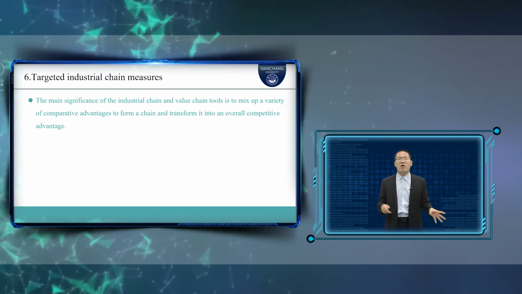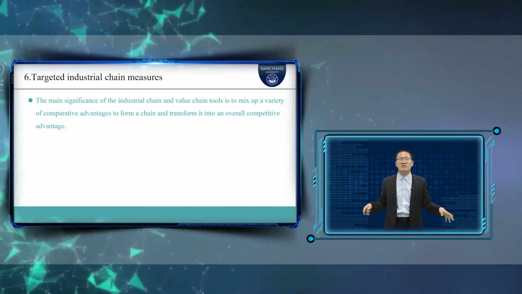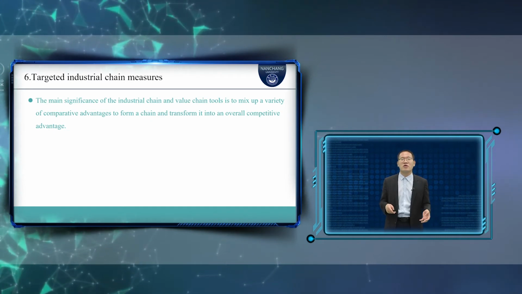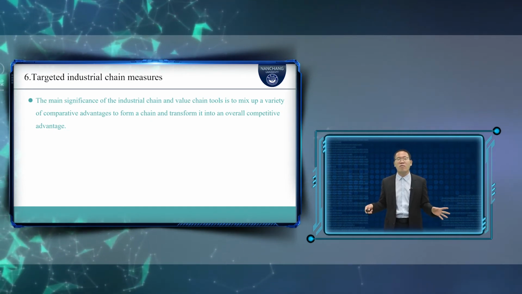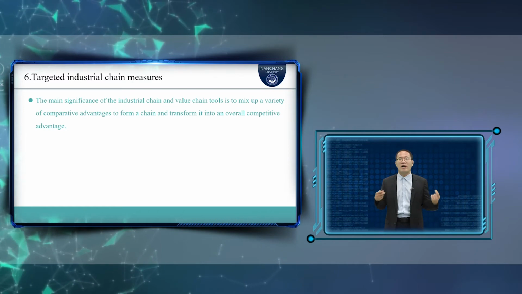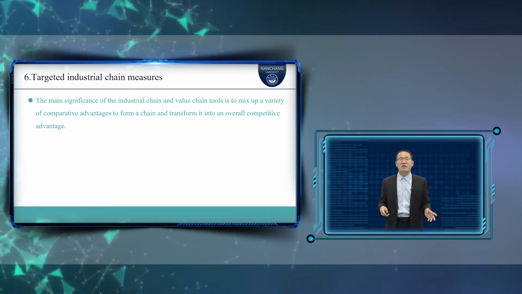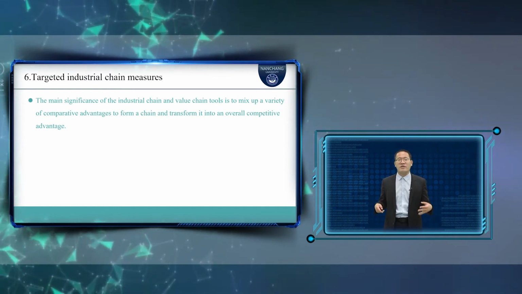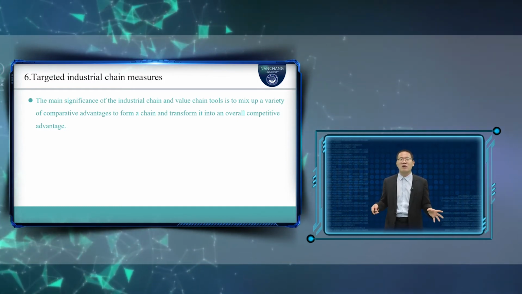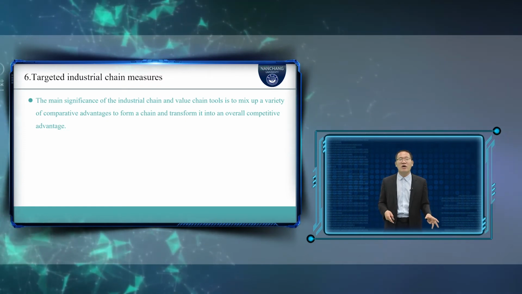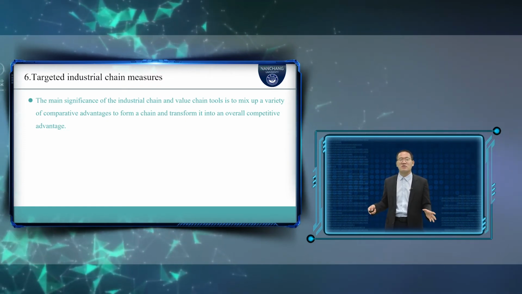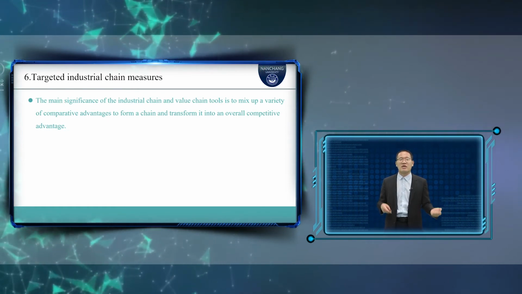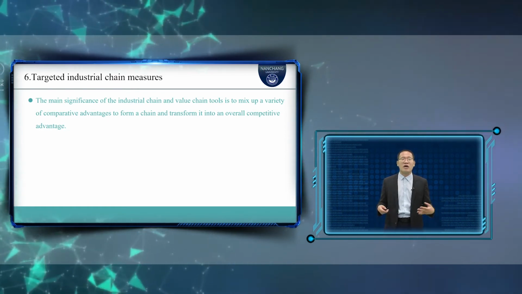When multiple comparative advantages are superimposed, they will form complementarity and synergy, so that the total amount of each comparative advantage can be integrated and expanded drastically. In regional competition, most competitors can only copycat 1 or 2 features of an industry. It's beyond their capabilities to imitate the entire industry chain, which means they cannot have the same competitive power.